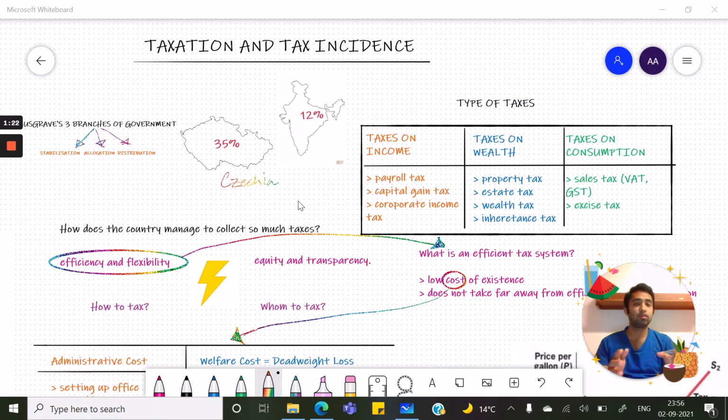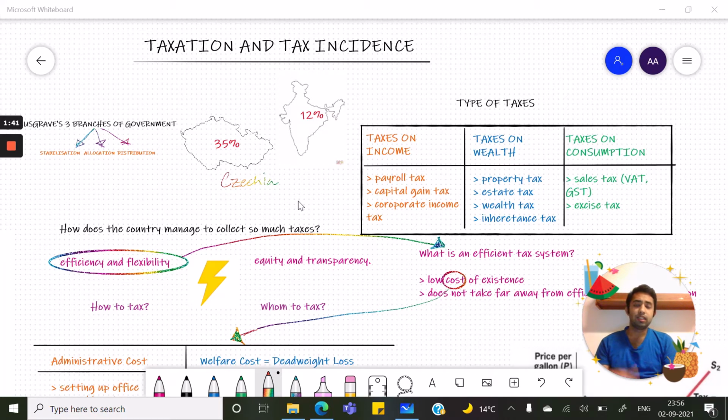And you could see the types of taxes which lie under all the branches of these three types of taxes. There is another distinction of taxes, which is direct tax and indirect tax, right? And it's also a valid distinction of types of taxes.